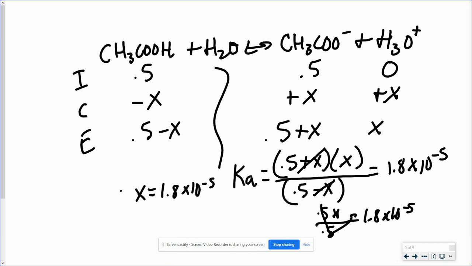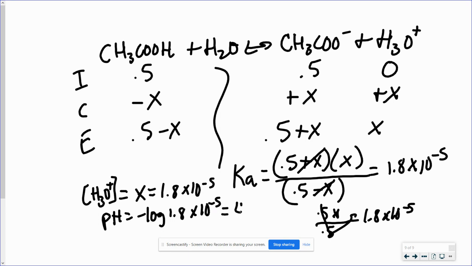X is the H3O plus, so minus the log of that gives 4.74. So the Henderson-Hasselbalch equation is just exactly like doing an ICE problem with the shortcut.